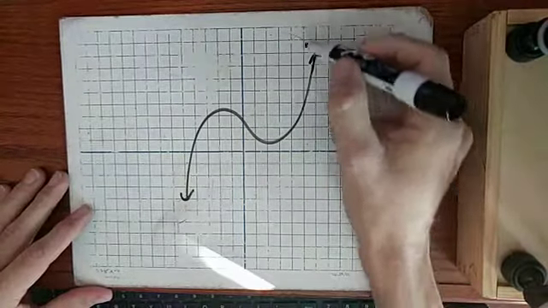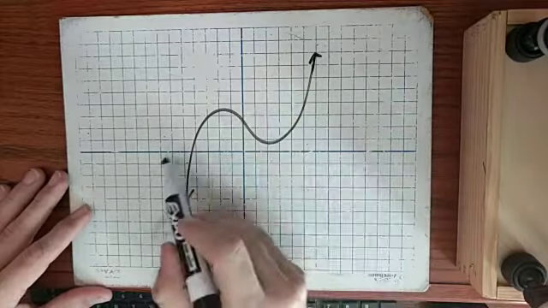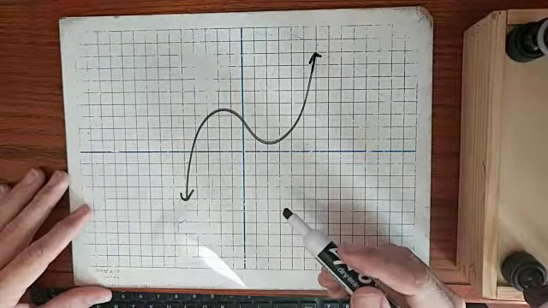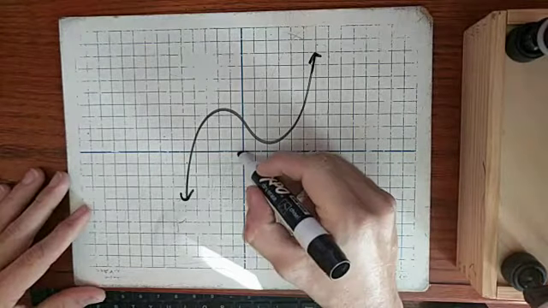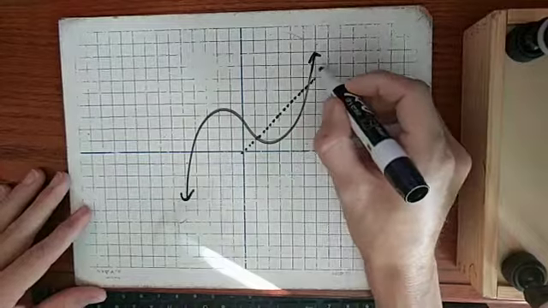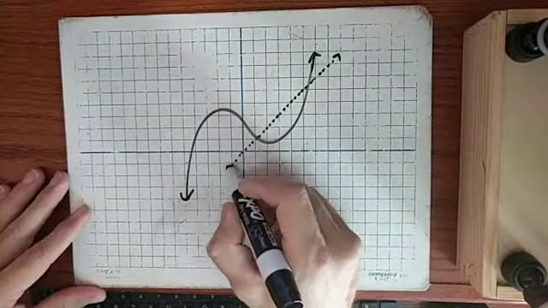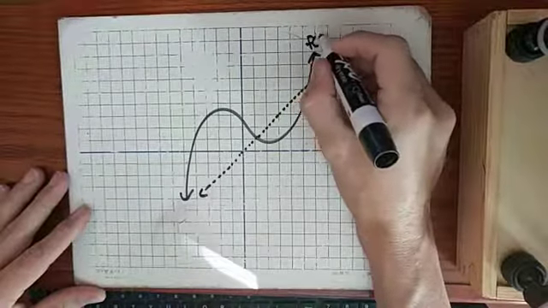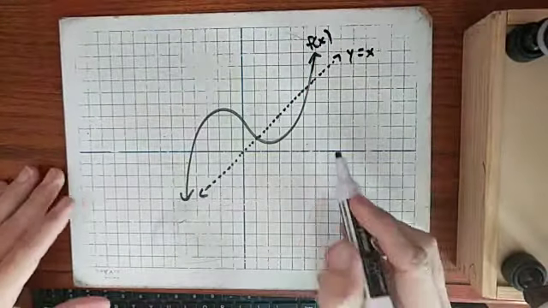Okay, so it passes the vertical line test. This is definitely a function. Every x has exactly one y for an output, right? So if I drew the line y equals x, and this is f of x, what would the graph of the inverse function look like?